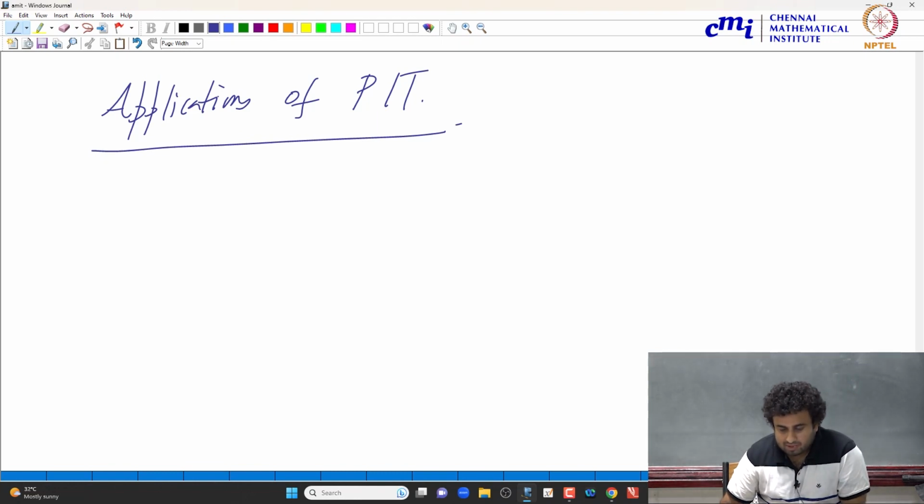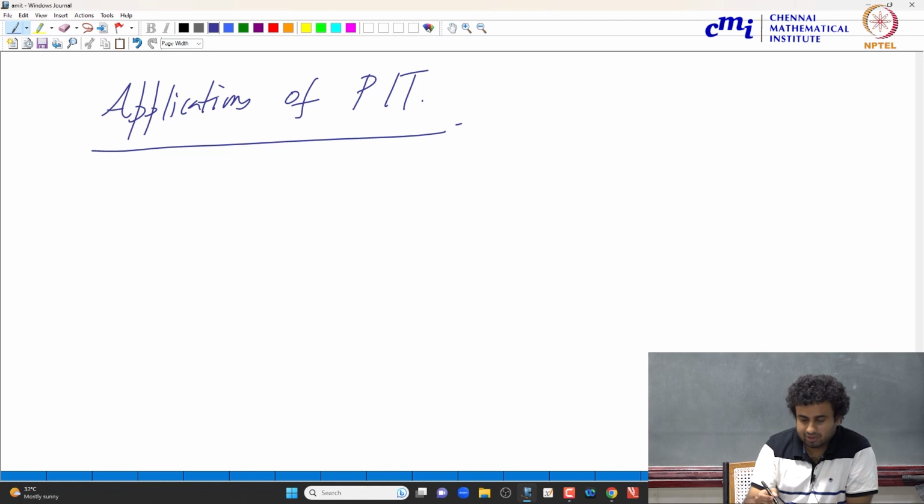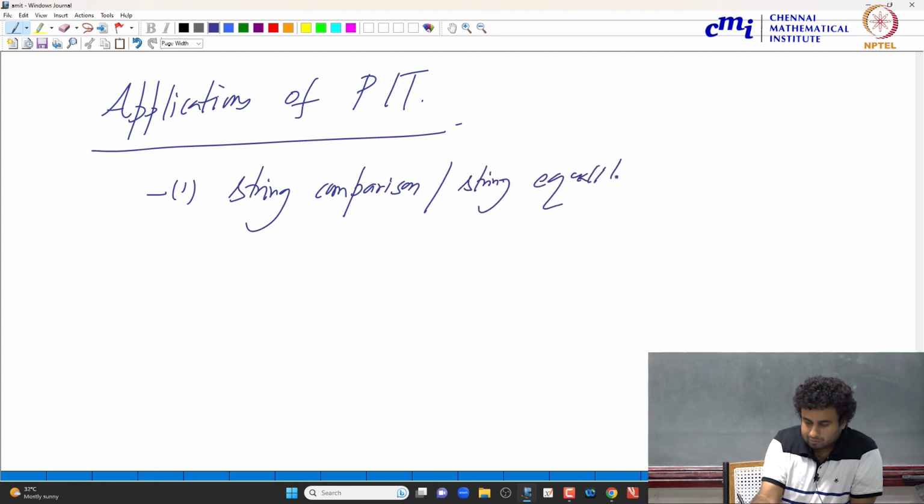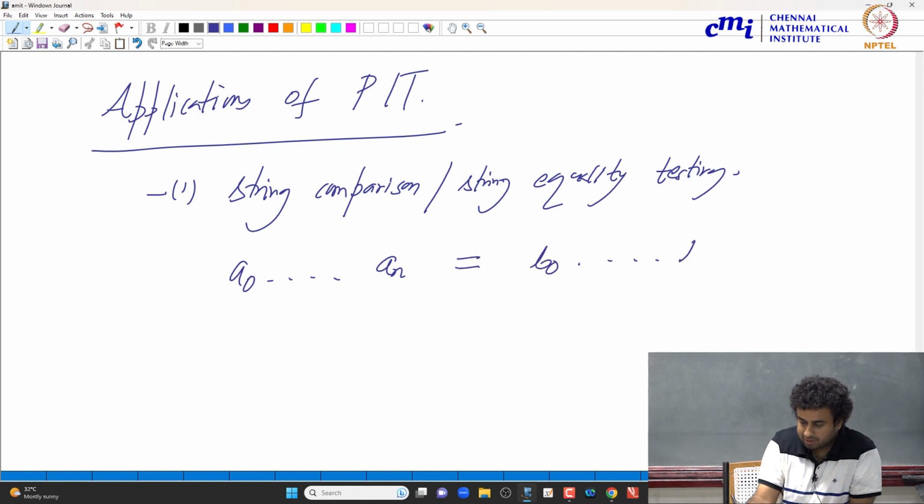So yeah, PIT probably sounded like an interesting problem to you, but are there other interesting problems that reduce to PIT? So one thing that maybe you have seen is string comparison, or string equality testing. If you are given strings, say a0, a1, ..., an, is it equal to some b0, ..., bn?